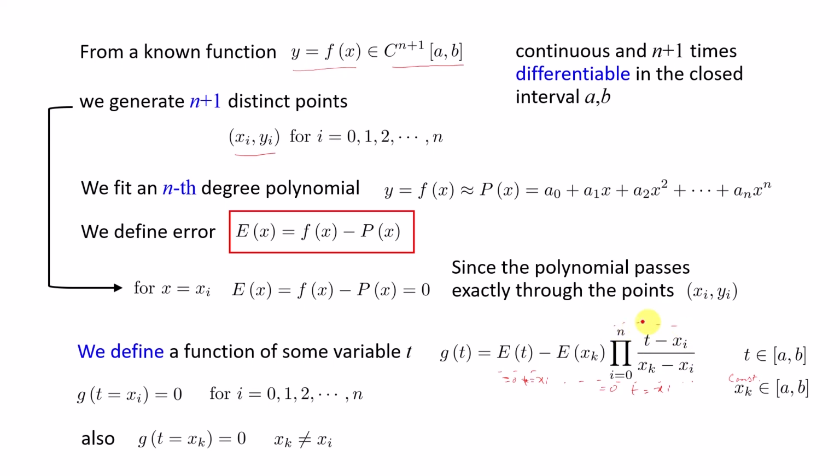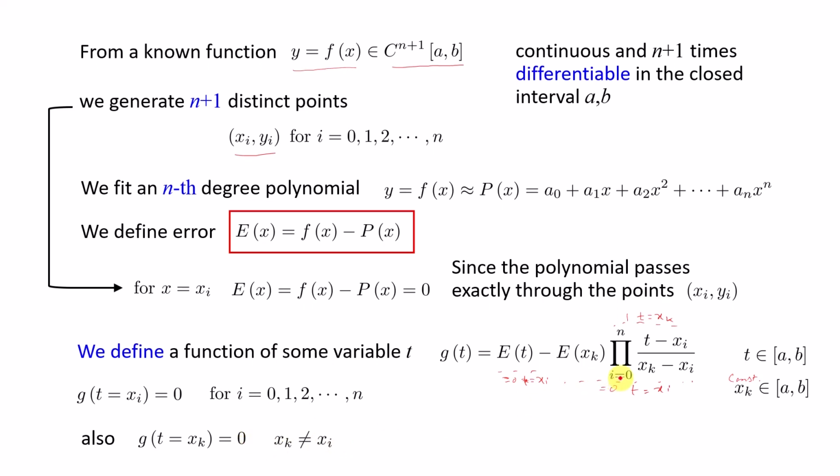So this product will be 1 for t equals xk. Here I will have e(t) minus e(xk), which will be 0 at t equals xk. Therefore, we can say that at t equals xk, where xk is not equal to xi, g is 0.